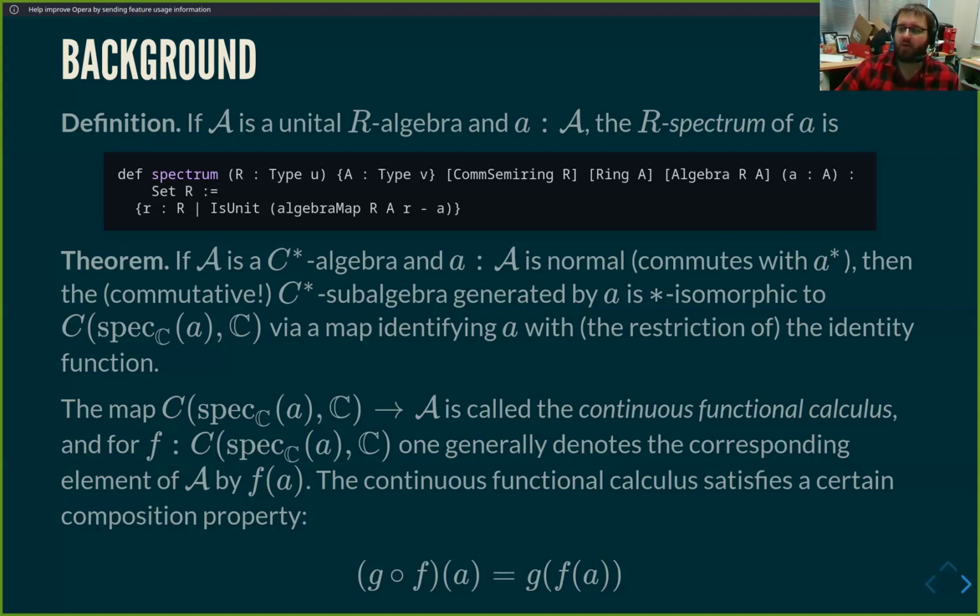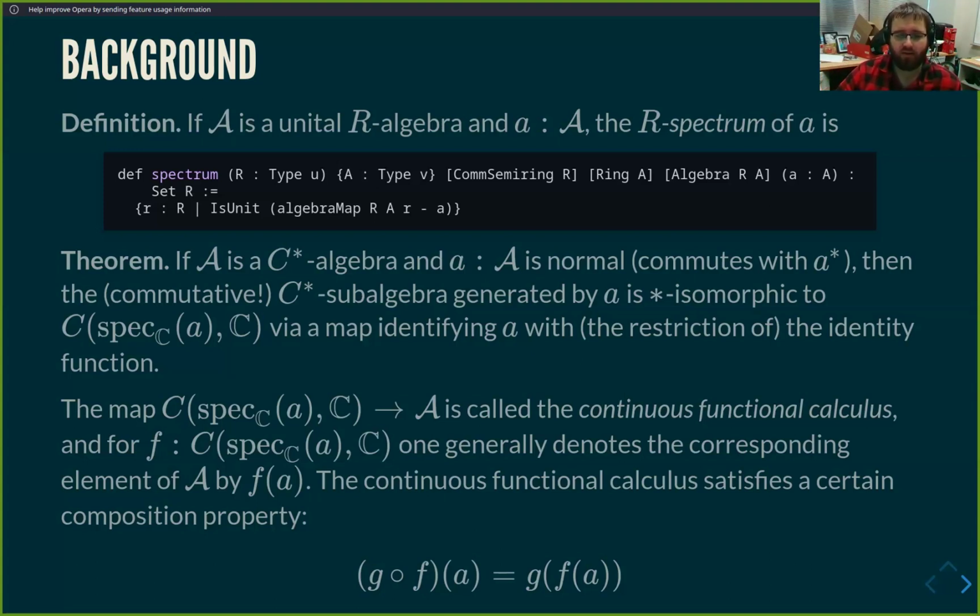From this, we get to something called the continuous functional calculus, which is just this map from those continuous functions into the full algebra A. A lot of times we denote this by f of a, where f is the function and a is the element. The important part about it is not just that it's a star algebra isomorphism, it's also that it satisfies this compositional property that g composed with f of a is g of f of a.